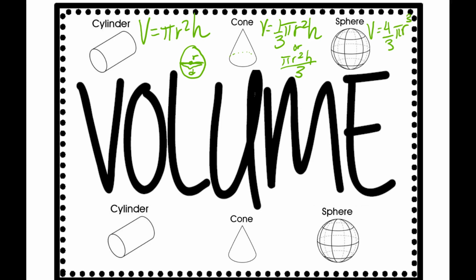So what we can see in every last one of these, that pi r squared right here is the area formula of a circle. Okay, so that's where that comes from. And then you're just basically saying the height. So if I look at the circle, the area of a circle is represented by pi r squared right there, and then it's just basically times your height.